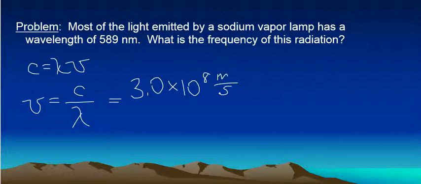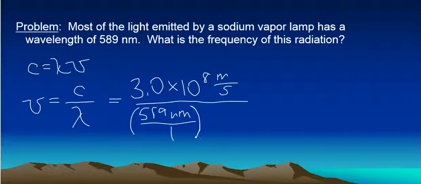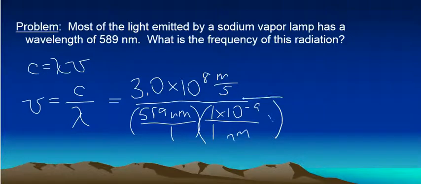Speed of light is in meters, so my wavelength also needs to be in meters. So we need to do a conversion there, 589 nanometers. Nano is 10 to the negative 9th. So make sure you do that conversion to meters before you solve.